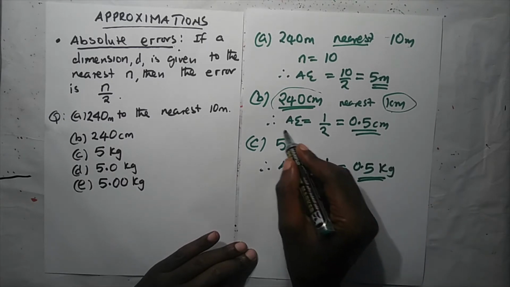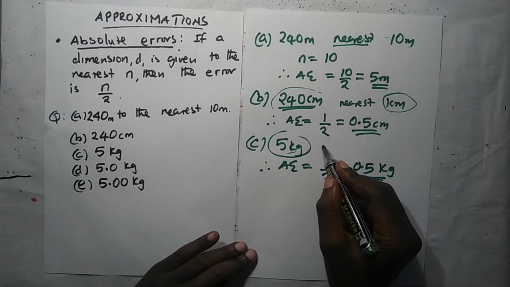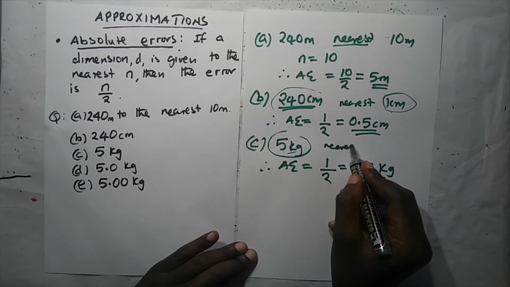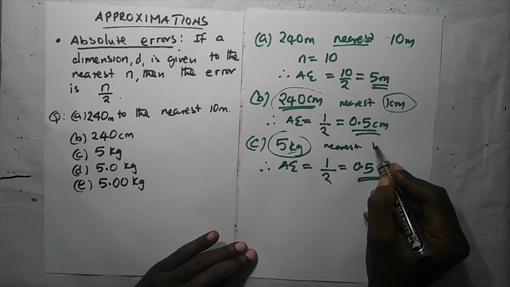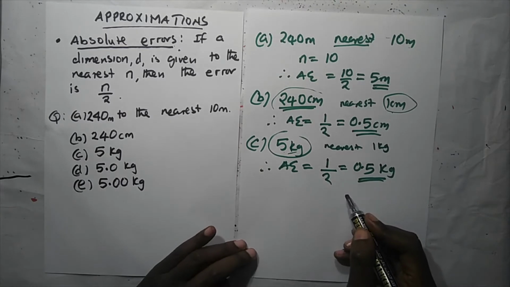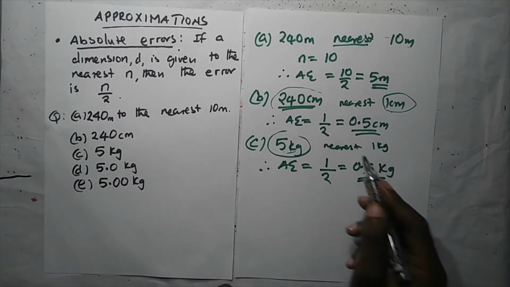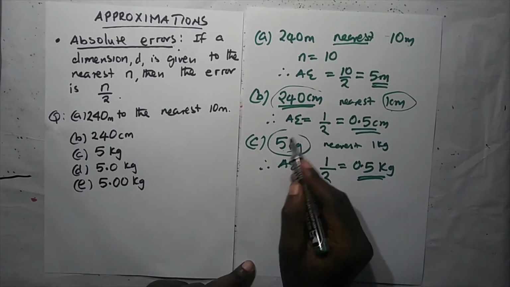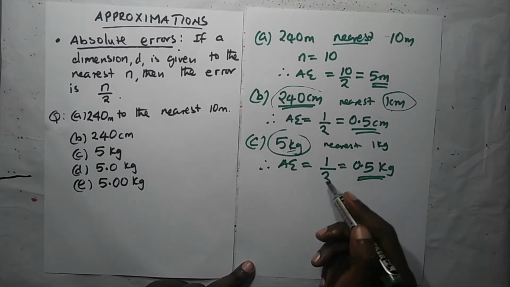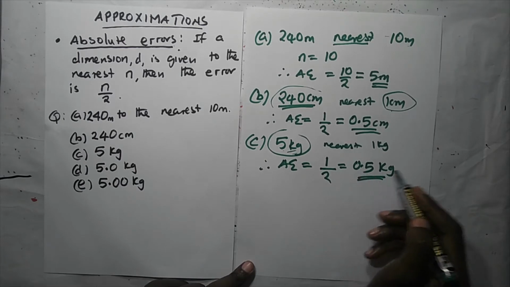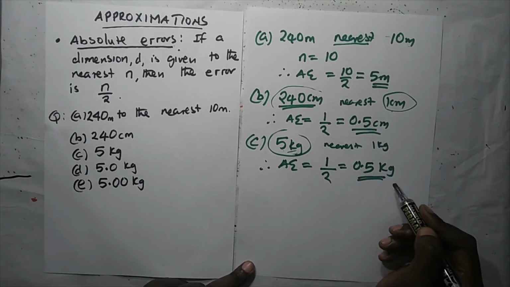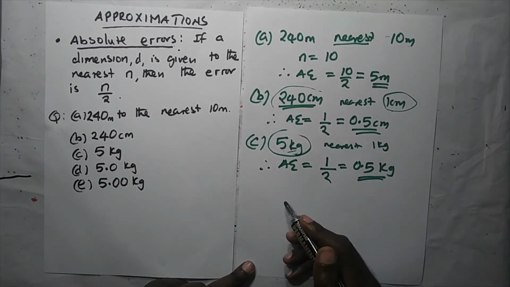All whole numbers are measured to the nearest 1 kg or 1 centimeter, depending on the units used. So all you do is divide by 2, and you can write it as a fraction, 0.5, in this case kgs.